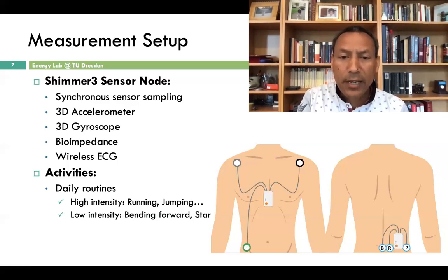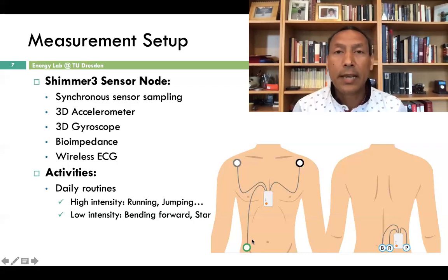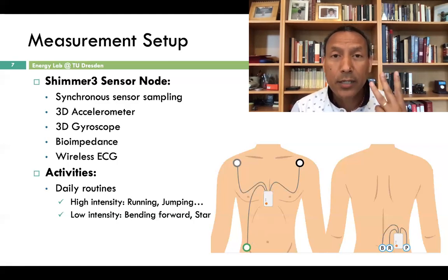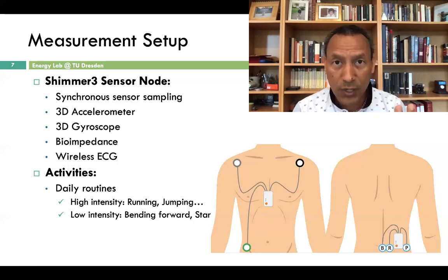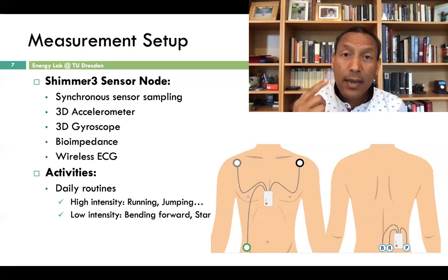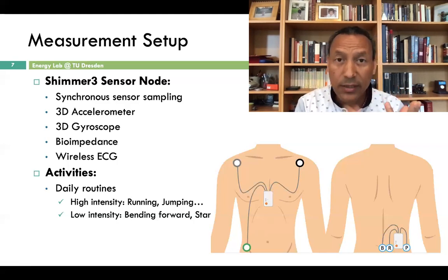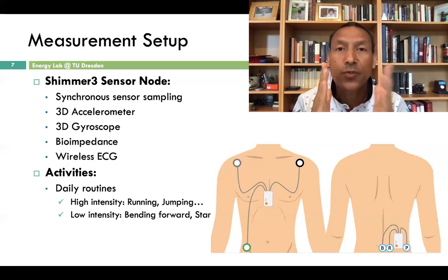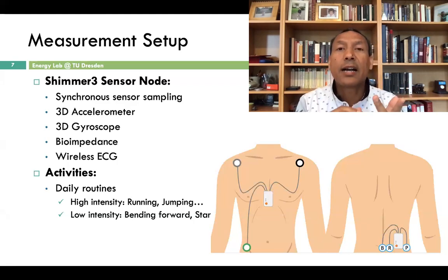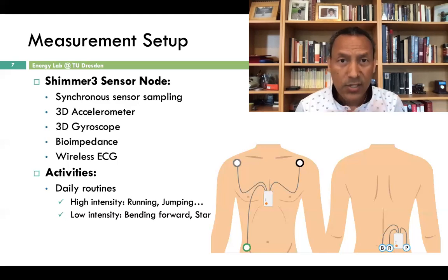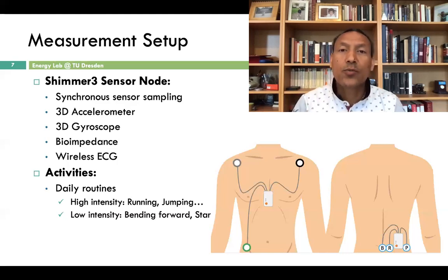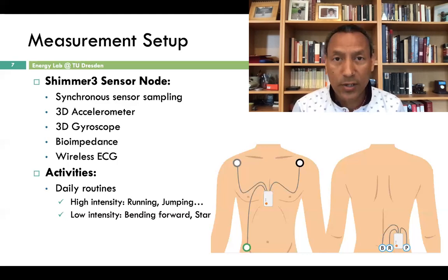And the measurement taken between this electrode and this electrode is called the left leg, right arm. So we have 3 different channels of ECG. In addition, now we have the 3-dimensional accelerometer: the acceleration of the body in the x-axis, the acceleration of the body in the z-axis, and the acceleration of the body in the y-axis.